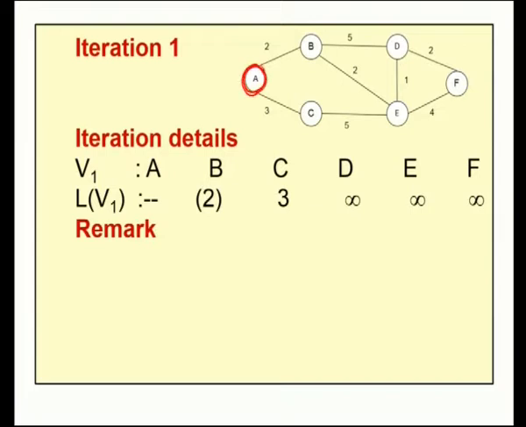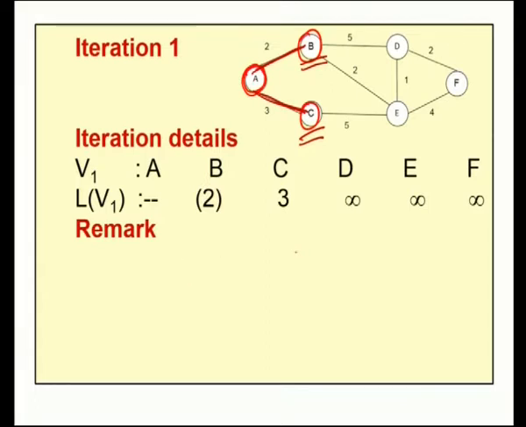Since we chose A as our initial node, the nodes adjacent to A are B and C, connected by the arcs A to B and A to C. So, next we have to assign a labeling for the nodes B and C. For the remaining nodes, we assign a temporary label.